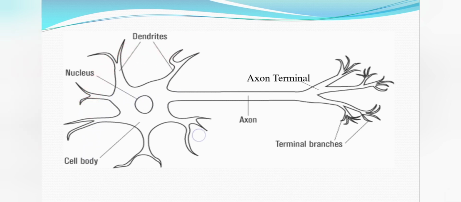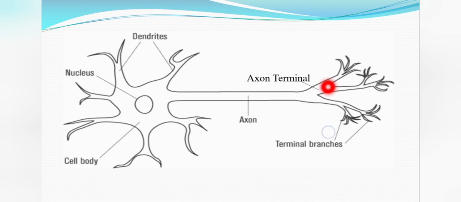The next is axon. Axon is the longest process from the neuron, and this is the portion which generates nerve impulse or action potential and transmits it. The impulses are transmitted along the axon.